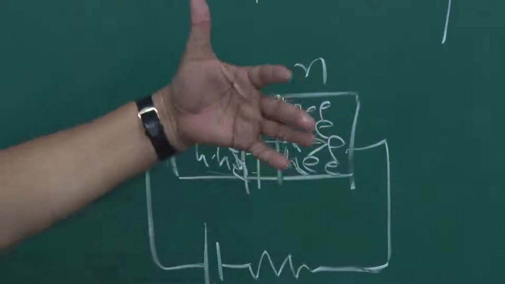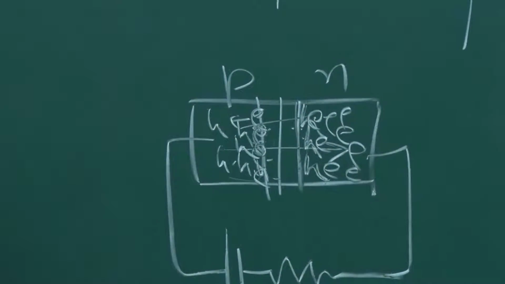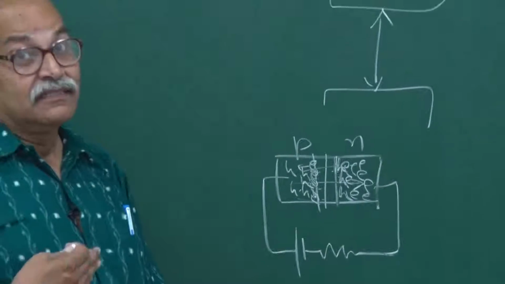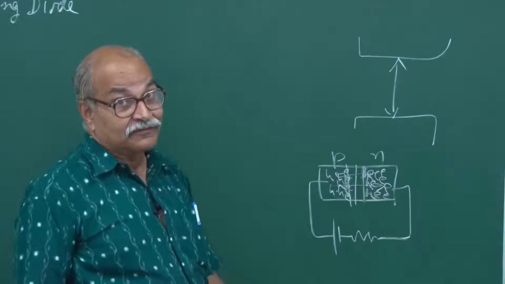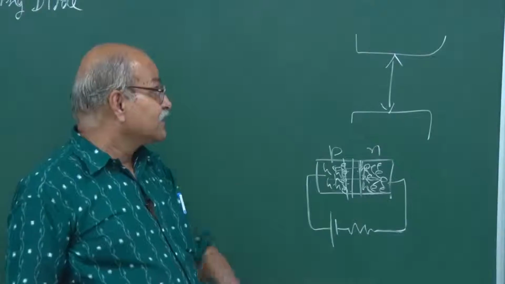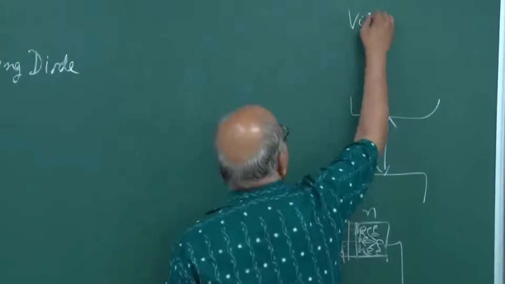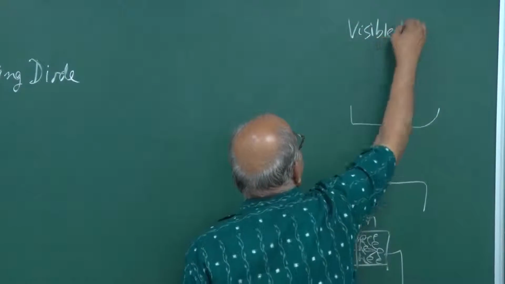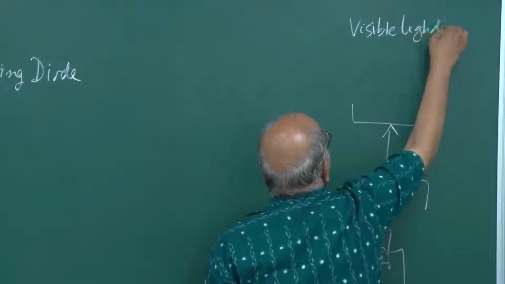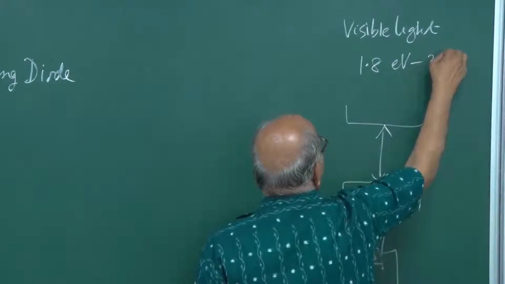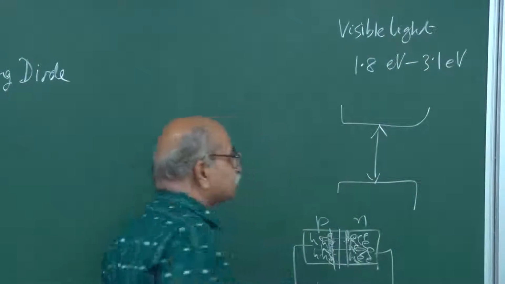And if during this recombination the energy which is released, if it is released in the form of a photon, and if that energy is in the visible range, we just calculated the visible energy, visible light, the energy range for a photon is something like 1.8 electron volt to 3.1 electron volt.